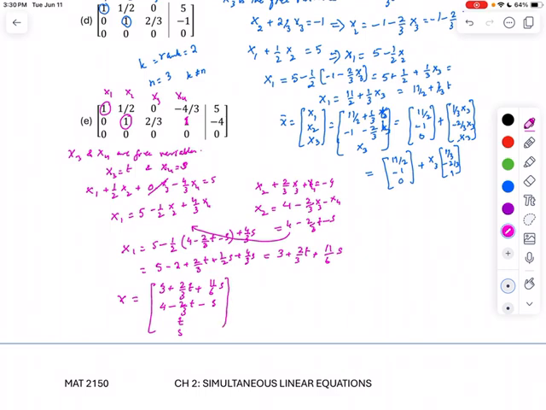Now x3, that is just t, and x4, that is just s. Now we split into vectors with the common s or t or constant. So the constant one will be 3, 4, and we do not have any constant terms in the third variable and the fourth variable. So 0, 0.